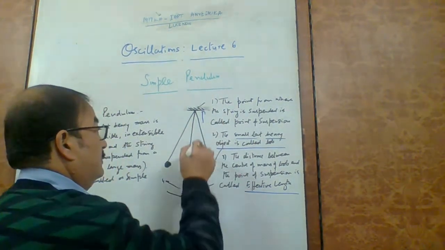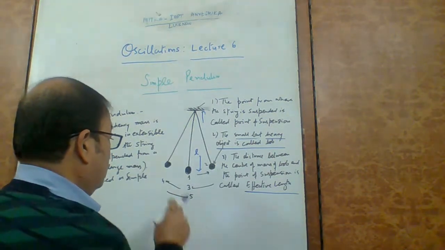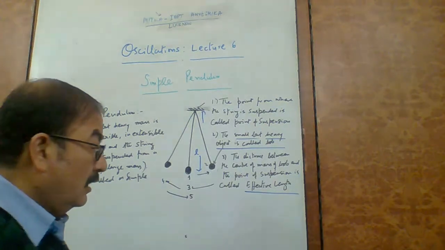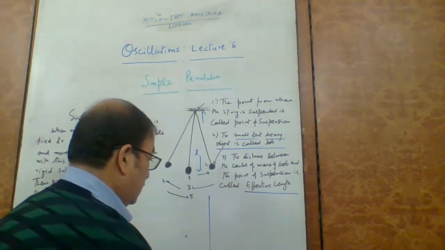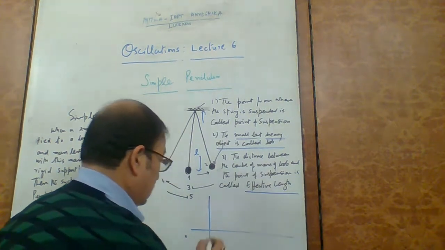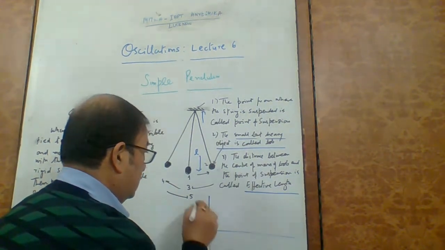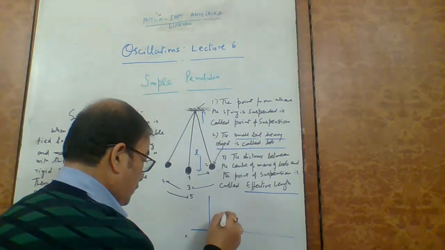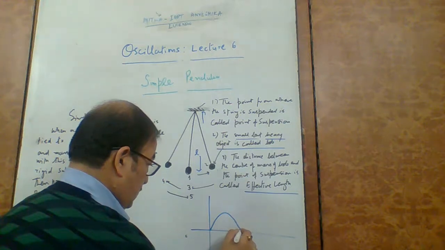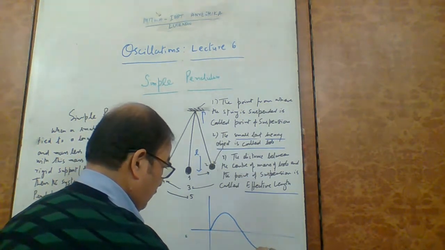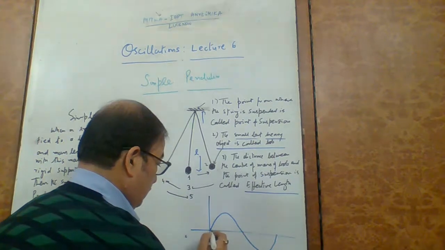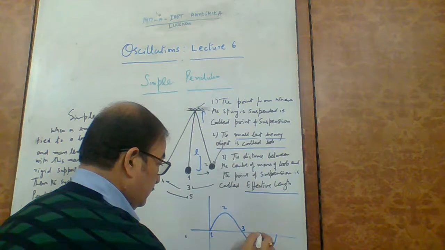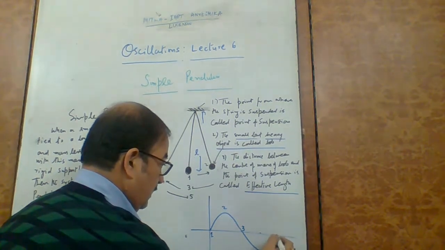This is called L. And you can see that one complete oscillation can have 5 such steps. We can just represent it with a graph. Suppose I am talking about this. This is point 1. It moves to point 2. Again point 3 in the opposite direction. Point 4, and then finally point 5. 1, 2, 3, 4, and then 5.